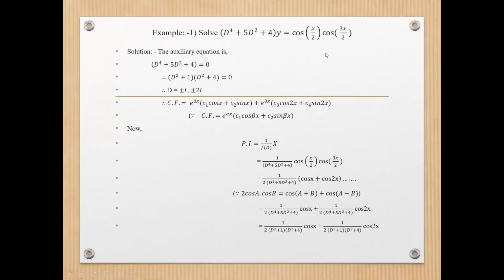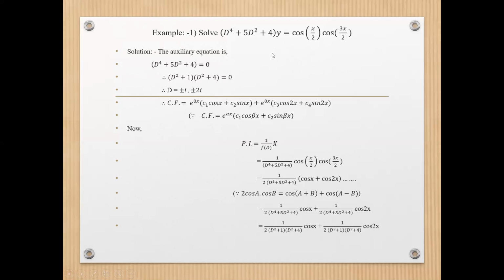That time we have to use some trigonometric identity. By using that identity, we have to convert it into an addition of some sine or cos functions. That's why we have to use the formula for cos into cos. We will see it in the solution of this example.